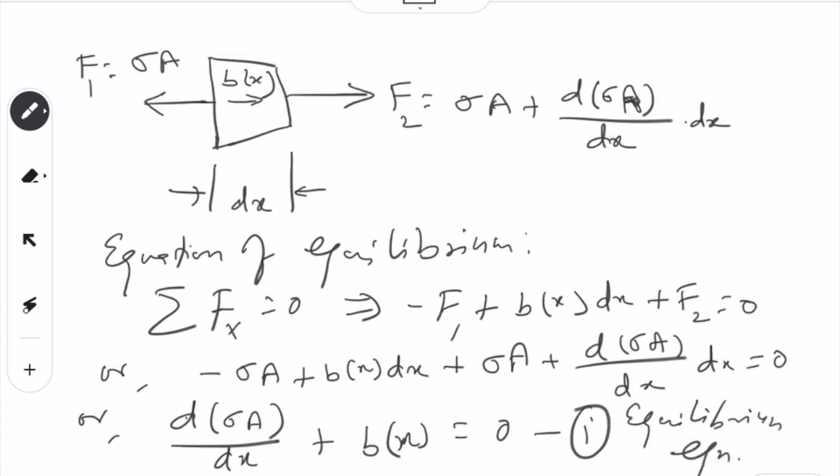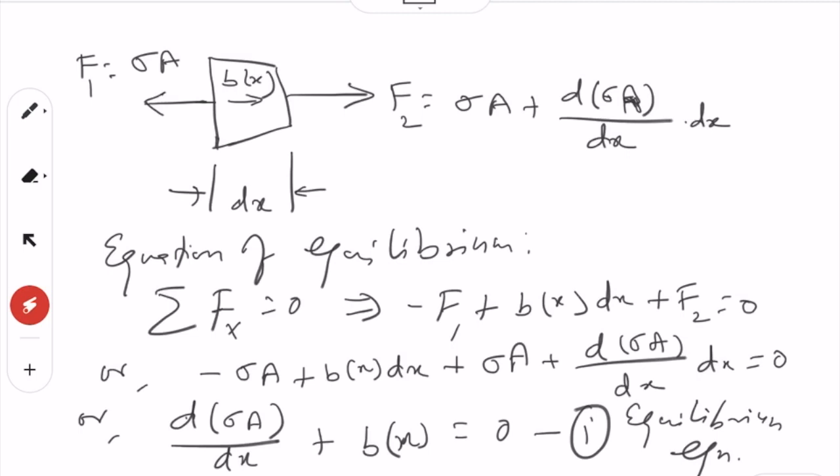As I said earlier, all the differential equations that we are going to use here are coming from some kind of law. Either it will be the conservation of energy, as we will see in the heat transfer problem. Here it is the equilibrium of force that we have derived from.